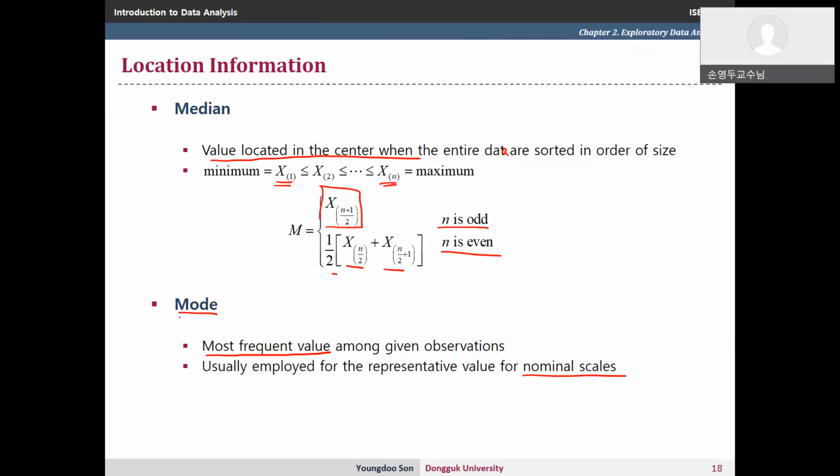So in this case, we use the mode. In other words, the most frequent attribute value. Here is a nominal attribute, for example, color. So we have red, red, green, green, red, blue, blue. Then the number of reds is 3, and the numbers of greens and blues are 2. So the mode of this color attribute is red.